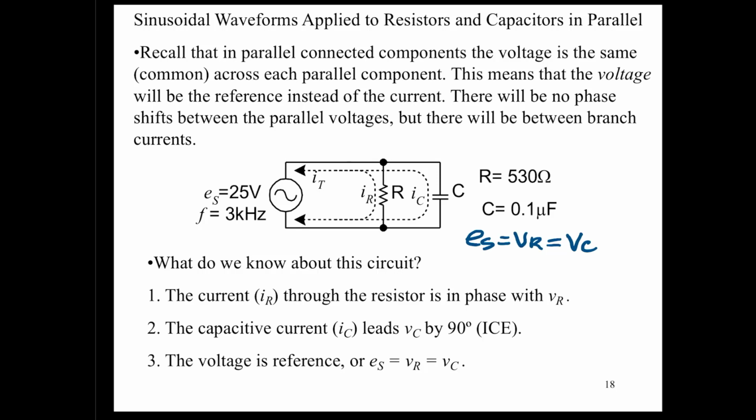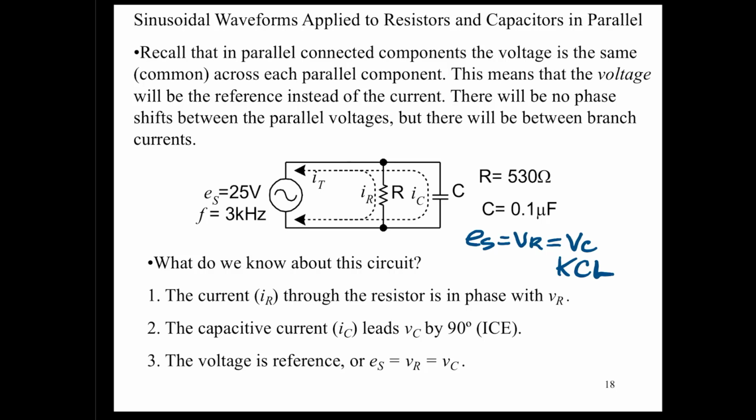Now our voltages are all in phase and equal value. We're going to have a current divider now. When it came to the series arrangement, we had a voltage divider. But when it comes to the parallel arrangement, this is a current divider. So we're going to prove Kirchhoff's current law for this example. So let's take a look.